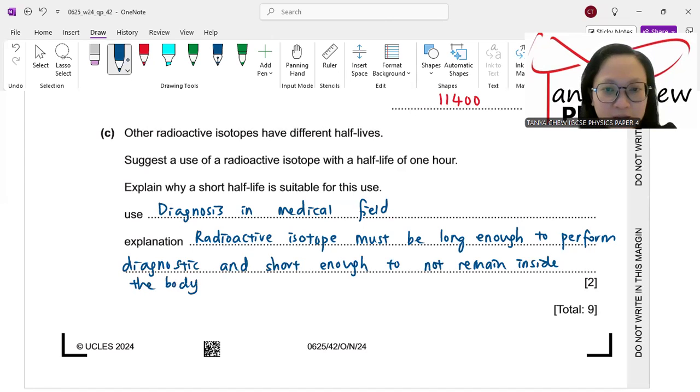Must be just nice. I want to perform the diagnostic only, and then I don't want it to stay too long in my body, because it could cause mutation of the cell and harm to your body.